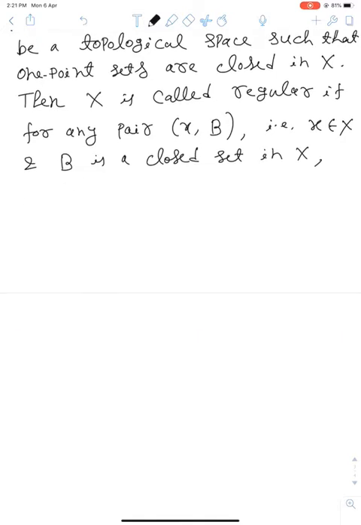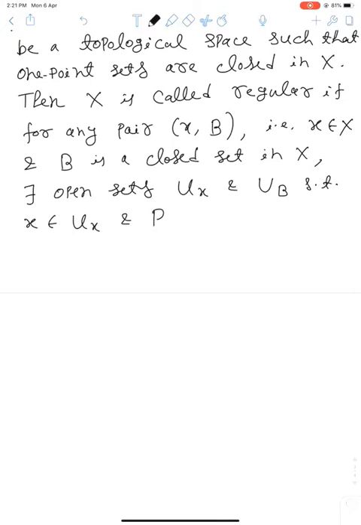So for any such pair, there exist open sets Ux and UB such that x belongs to Ux and B is a subset of UB, and Ux intersection UB, their intersection is empty.